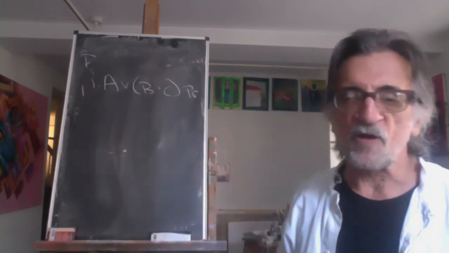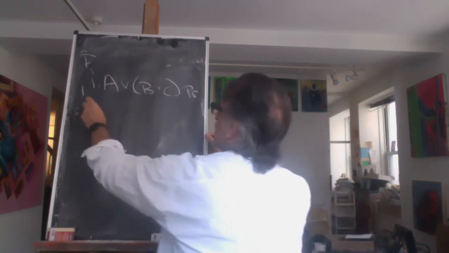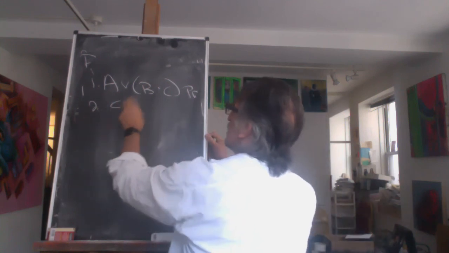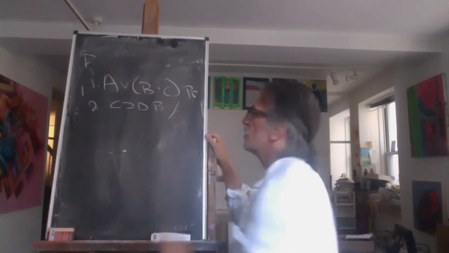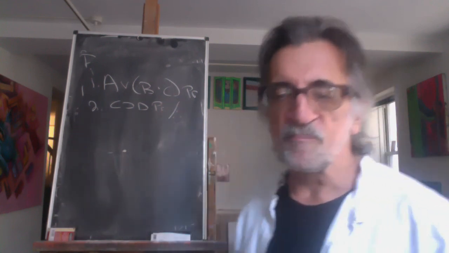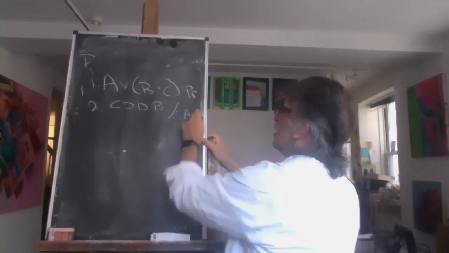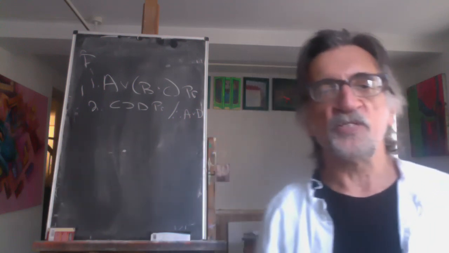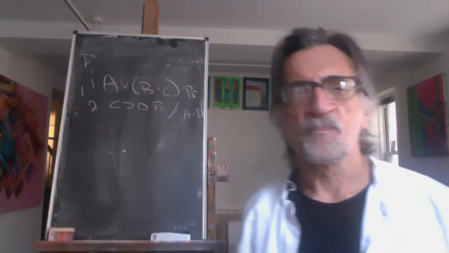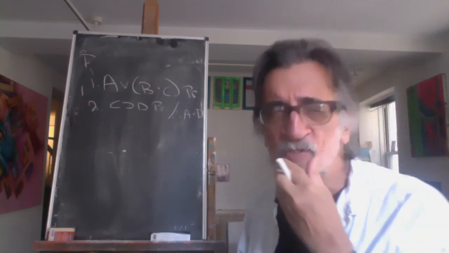Here's our first premise, A or B and C. And the second premise is simply if C, then D. And we want to wind up with a conclusion, A or D. A or D, how are we going to do that?